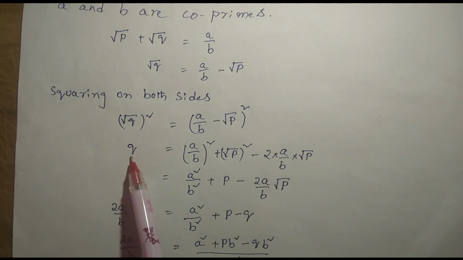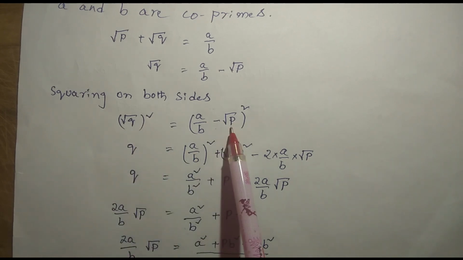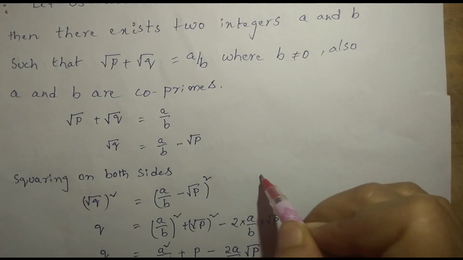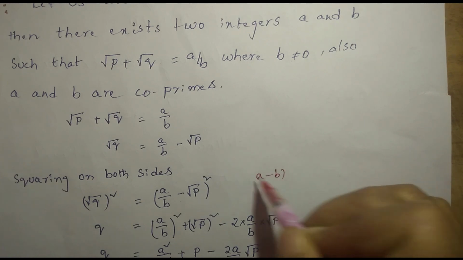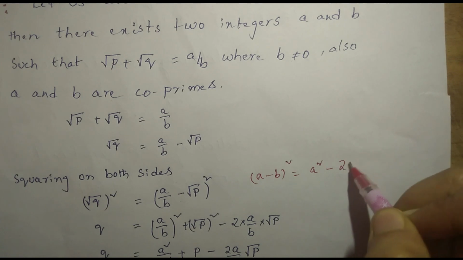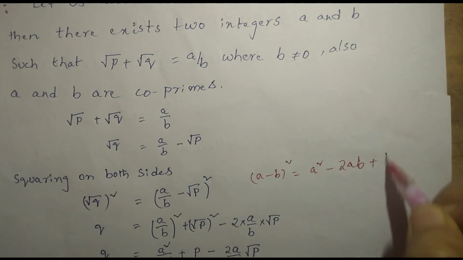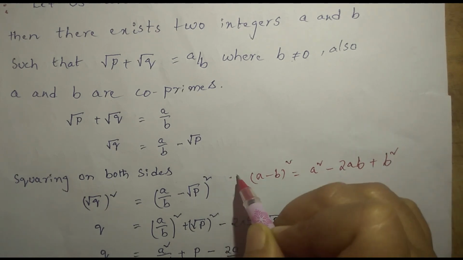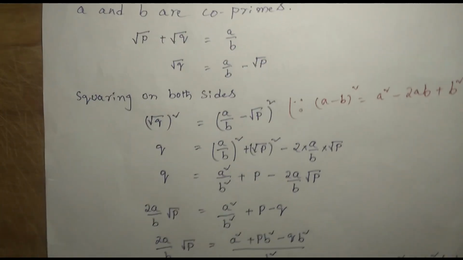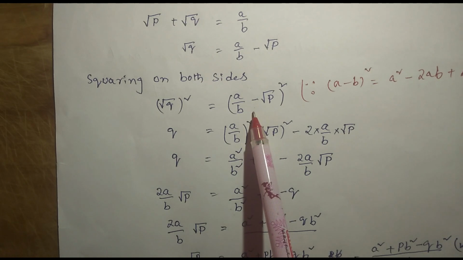Root q whole square is nothing but q, and the right side will be expanded using the (a minus b) whole square formula. What is that formula? (a minus b) whole square equals a square minus 2ab plus b square. Using this formula, we expand this one.